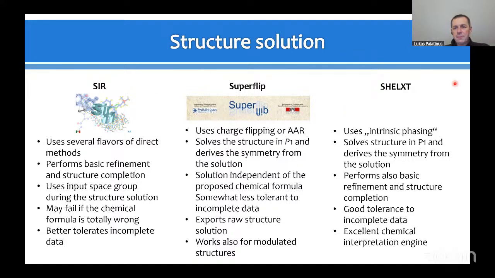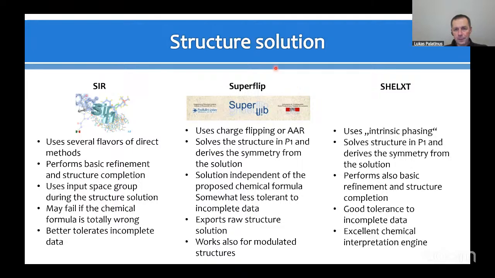There are three programs that are commonly used for solving X-ray structures and 3D ED structures as well. There is SIR. This is a logo of SIR2011. I think there is now a SIR2024. I'm not sure, but there are frequently new versions. Quite a powerful program.